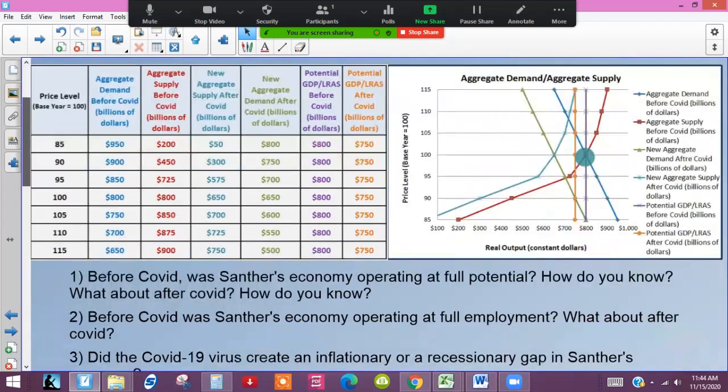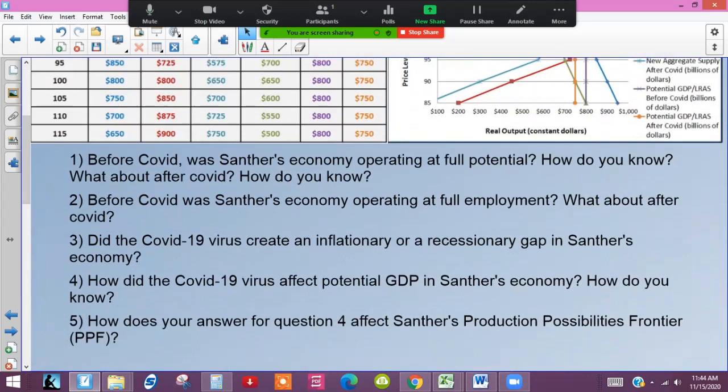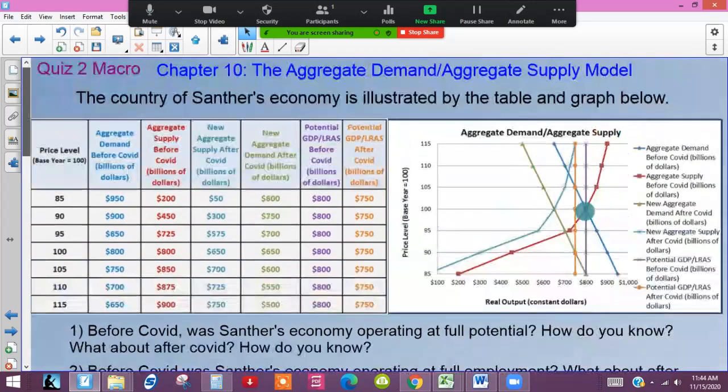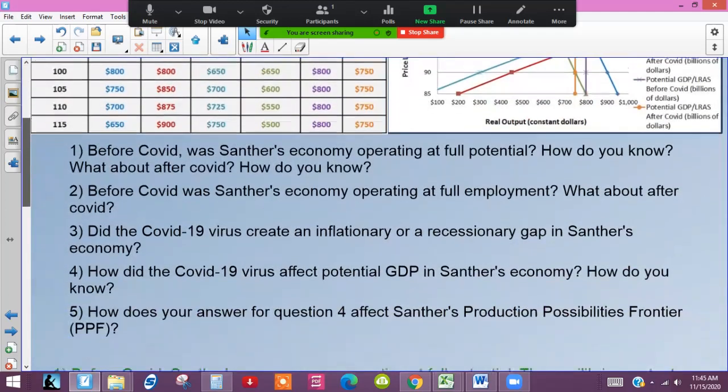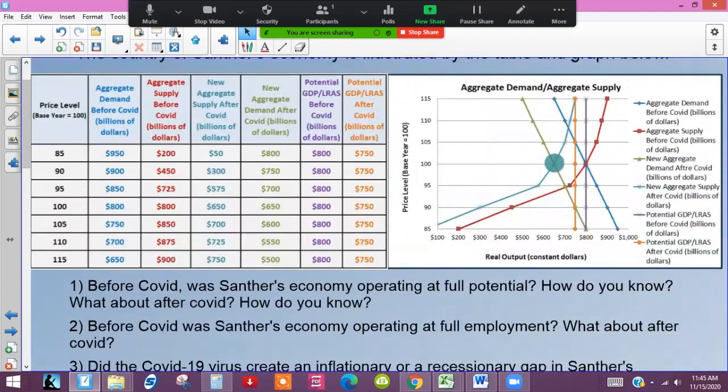Okay, so yes. What about after? No, right? Because full employment would be 750 and output at 750, but we're way back here after, so we're operating below full employment. So we have a very high rate of unemployment after COVID. Okay.